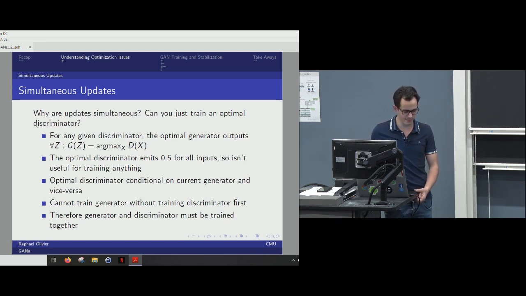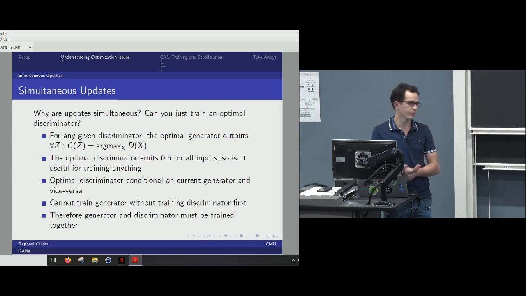And so it's the ultimate goal of your training, but in training it's completely useless. It doesn't have any gradients or anything. So basically, optimal discriminator is a phrase that only makes sense if you're talking relative to the generator.